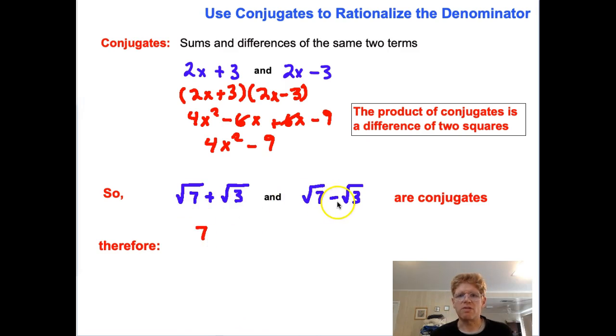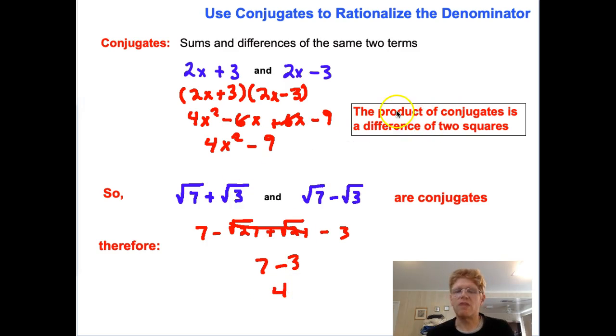Square root of 7 times square root of negative 3 is the negative square root of 21, plus the square root of 3 times the square root of 7 is positive square root of 21, and then these two leave you with the negative of 3, because the square root of 3 times the square root of 3 is just 3. Again, these cancel out, leaving you with 7 minus 3, or 4, because the product of conjugates is a difference of two squares, and that's what we are going to base everything that we do in this lesson on.